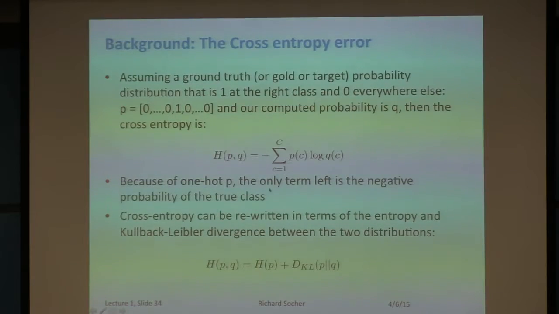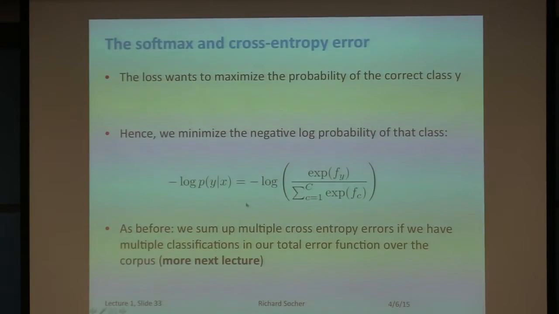Okay, so because of our one-hot P here, the only term that is left in this sum is the negative log probability of the true class. For the classes where it's not a person, not a location or something, P of c will be 0. So we can see that the cross entropy for these two distributions is essentially exactly this term right here.